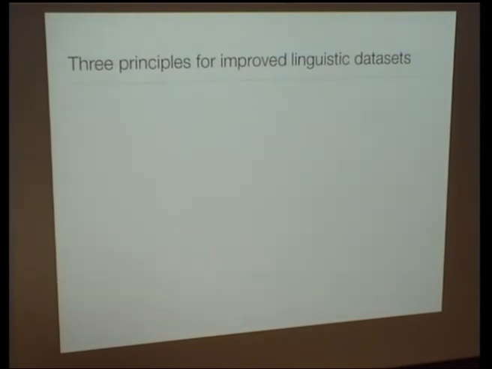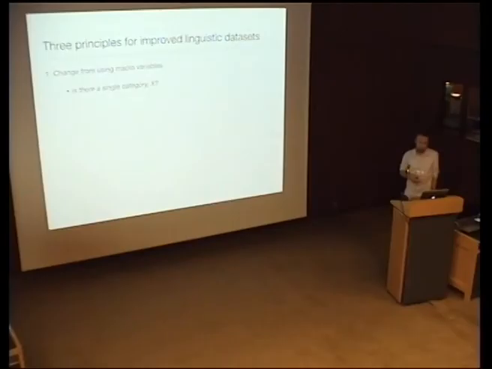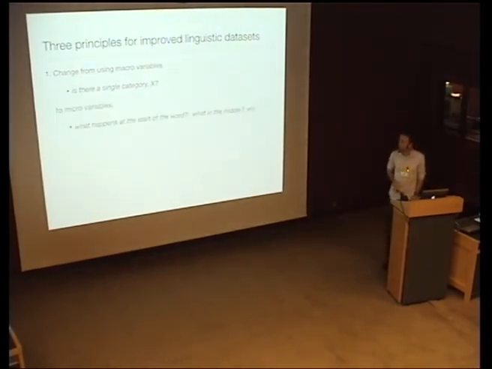Well, I see the need for 3 principles for improved linguistic data sets. First of all, we linguists need to change from using macro variables that encode the psychological categories which have been of so much interest to linguists for 50 years, such as, is there a single category X, to micro variables that encode the empirical evidence from which speakers learn those categories.